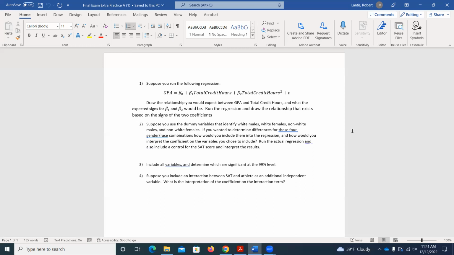And then I also have race, right? So we hopefully find really high p-values on these variables so that they're insignificant. But if we included them, I had white males, white females, non-white males, non-white females. How would I run this regression and how would I interpret one of the coefficients on one of these race-gender combinations? Okay.